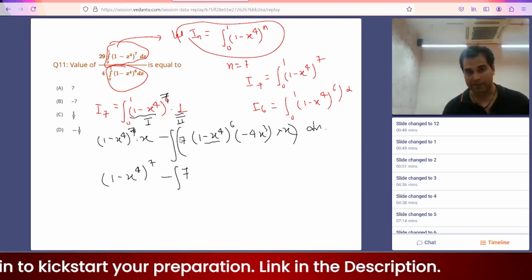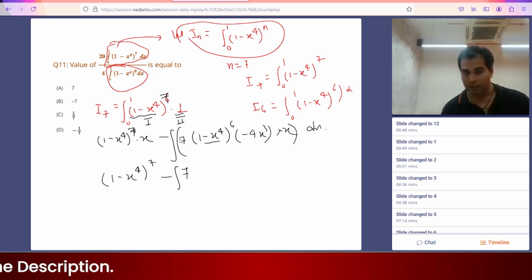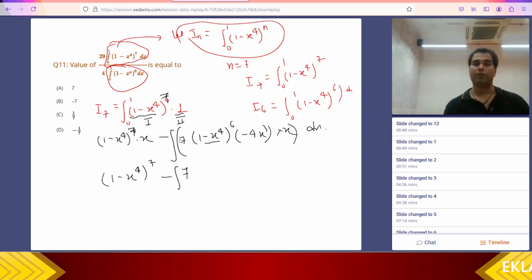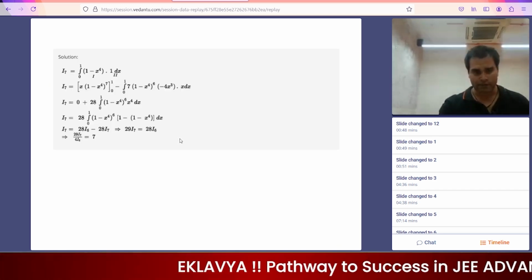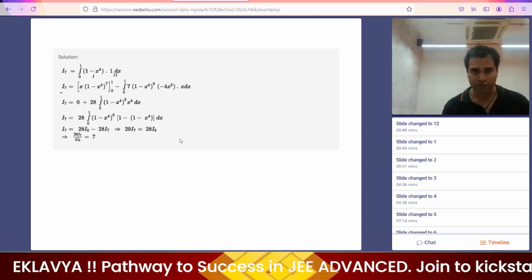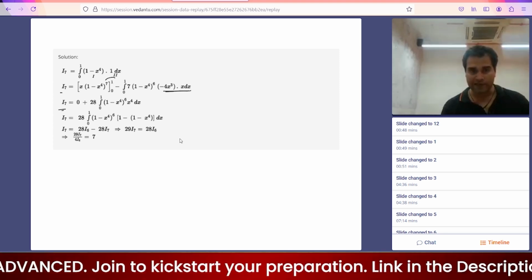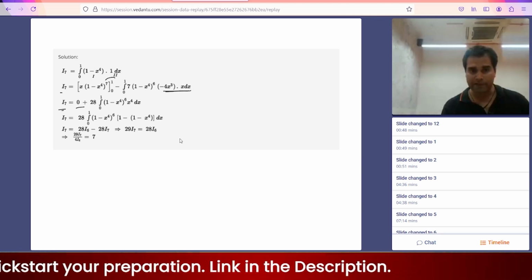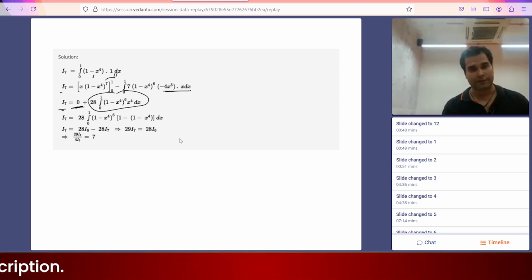Now this integration again gives (1 minus x to the power 4) to the power 7 minus 7 times (1 minus x to the power 4) to the power 6 times minus 4x cube. We see the solution: when we put upper limit minus lower limit in I7, we will get 0 for this expression.